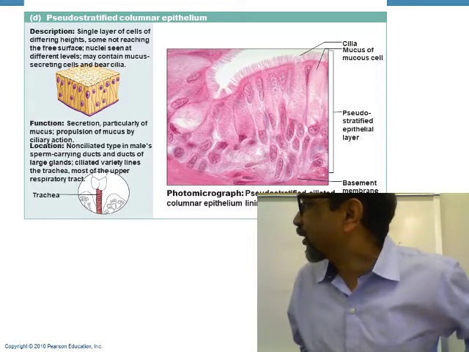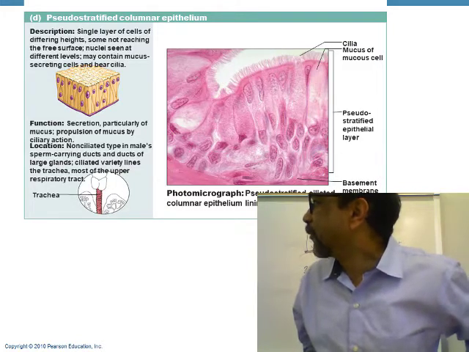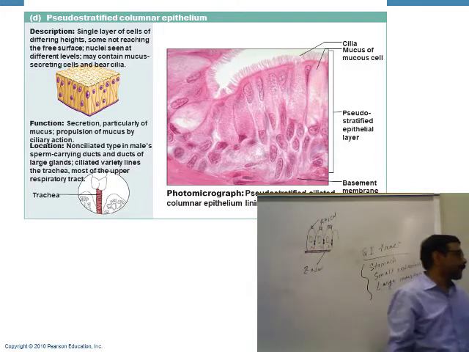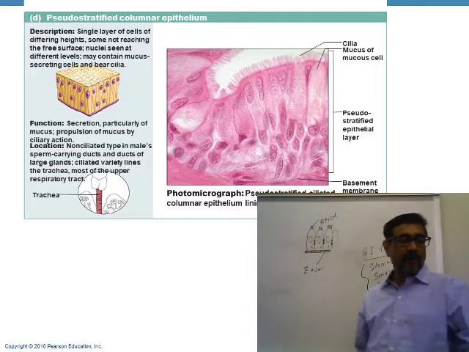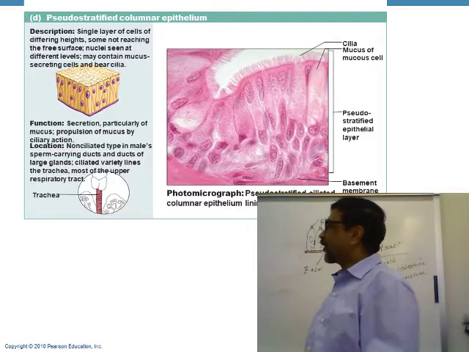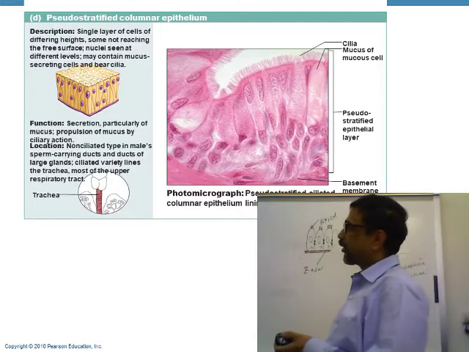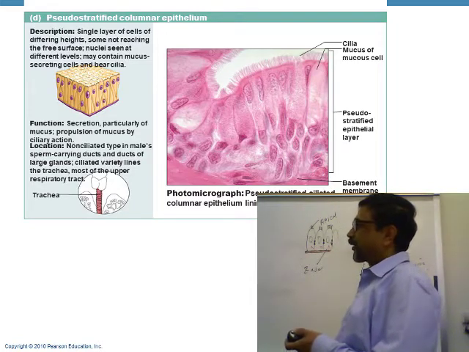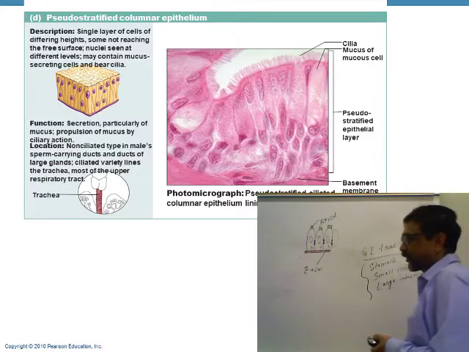Those are upper respiratory tract structures. Ducts of large glands, we also see pseudostratified columnar epithelium, but mainly just know the upper respiratory tract.